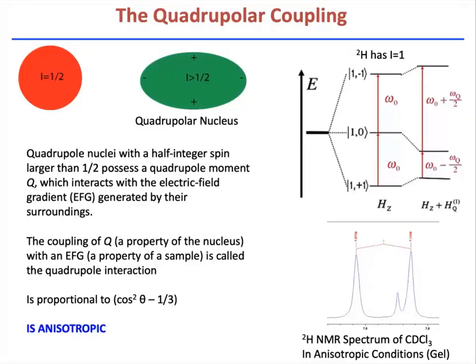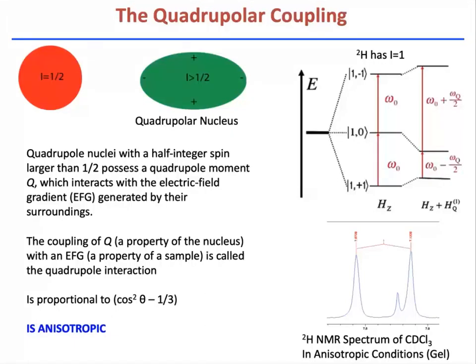Before moving on to that part of the talk, let me stop here and talk about another important anisotropic NMR parameter called the quadrupolar coupling. The quadrupolar coupling is observed in quadrupolar nuclei, which have a spin I larger than 1/2, because spin-1/2 nuclei are very spherical.